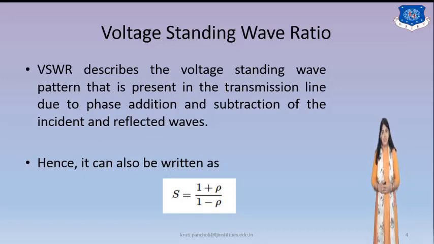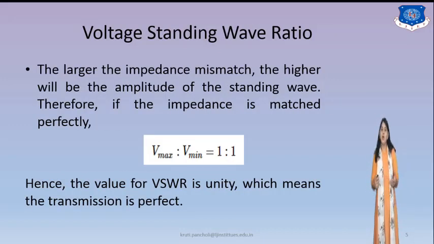So it can be written as S is equal to 1 plus rho upon 1 minus rho. So the larger the impedance mismatch, the higher will be the amplitude of the standing wave. Therefore, if the impedance is matched properly, then Vmax to Vmin is equal to 1 is to 1.